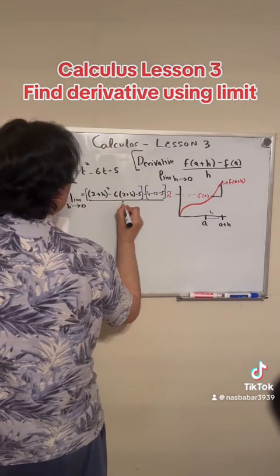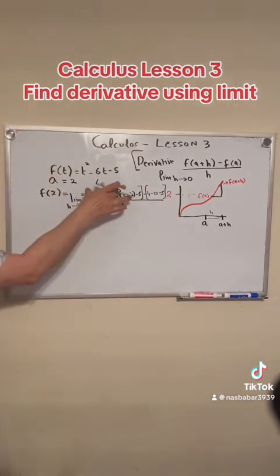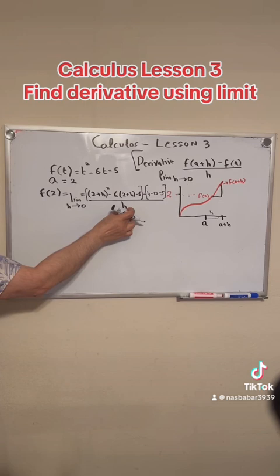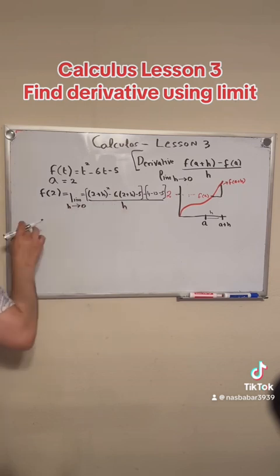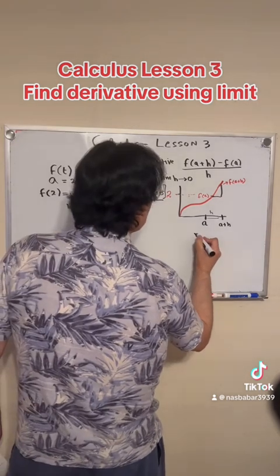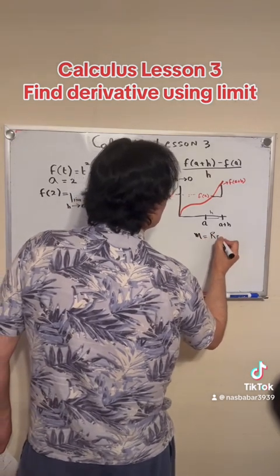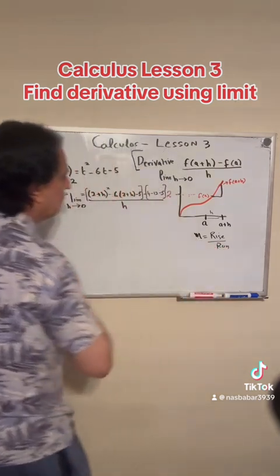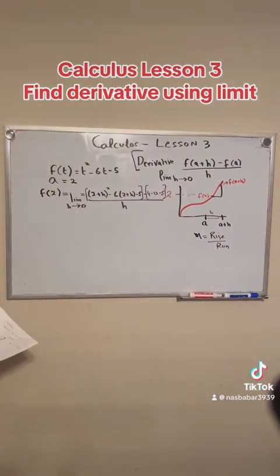So the top is the rise of the slope, and this right here is the run. Remember I told you m is equal to rise over run, and this is the slope.